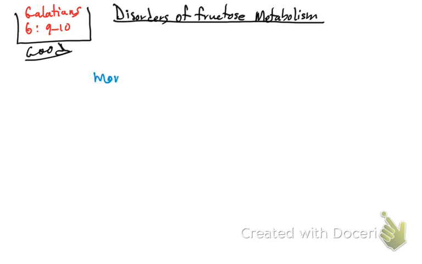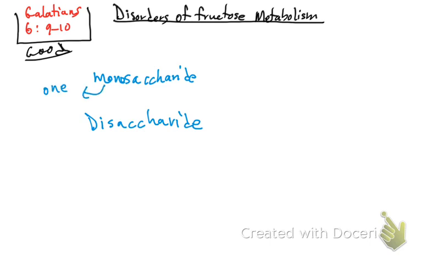We have monosaccharides, and we have disaccharides. In the disaccharides, we have 3 disaccharides. What is the difference? Mono means 1, and di means 2. Got it?